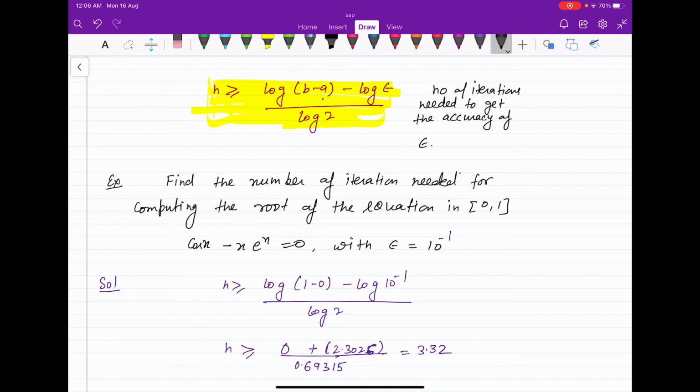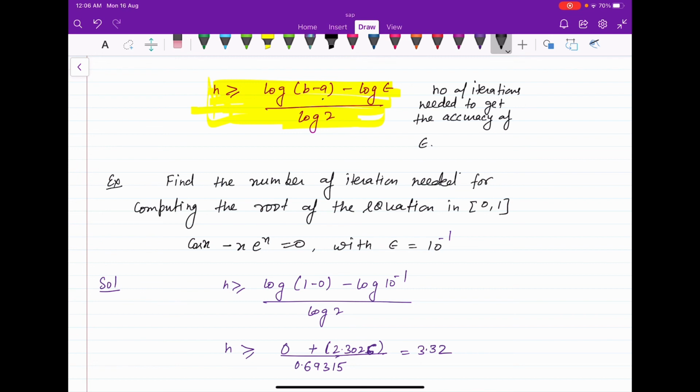But if we try to apply the intermediate value theorem, it is not applicable because f(a) and f(b) are always greater than 0. So the intermediate value theorem cannot be applied in this case, but x equal to 0 is the root of the equation f(x) equal to 0. One more example, f(x) equal to 1 by x.